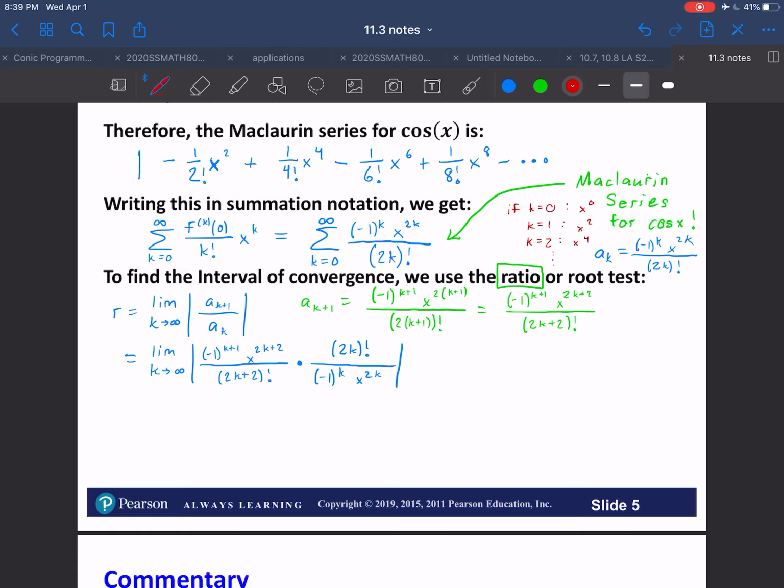All right, so one thing to notice is that since this is all in absolute values, these negative 1 to the k's just basically disappear, because inside absolute values, negative 1 to the k is just 1. Next, notice that we have x to the 2k plus 2 and x to the 2k. That will simplify to just be x squared on top.